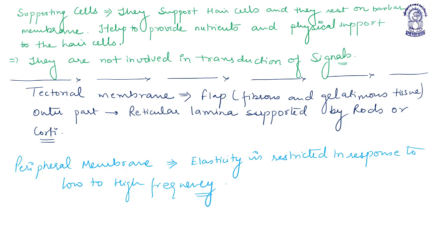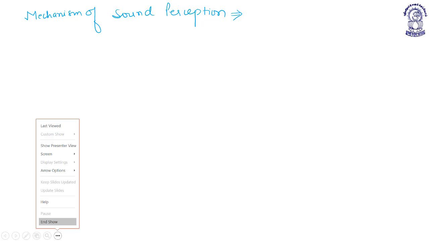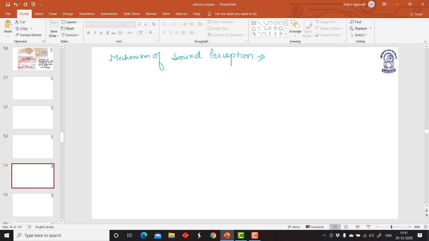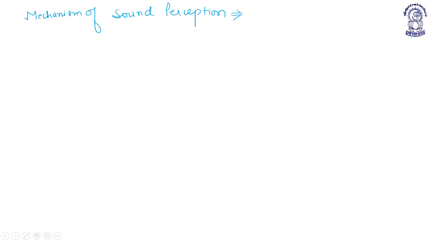Now comes the mechanism of sound perception. It is the process by which sound waves, the mechanical waves, are converted into neural signals.